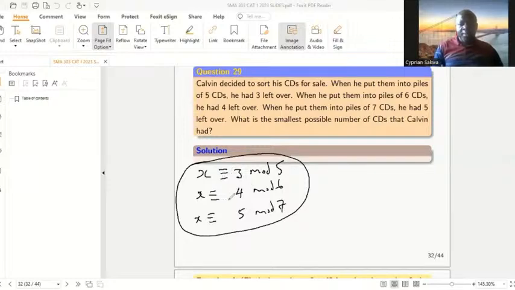So find X. And when you do that, you will find X to be 208. Just do it using the same method we learned in examples 25, 26, 27, and 28, and you'll find 208 as the answer.